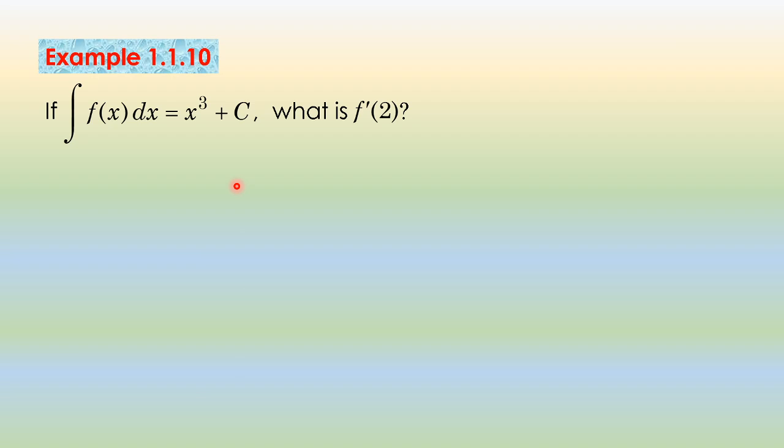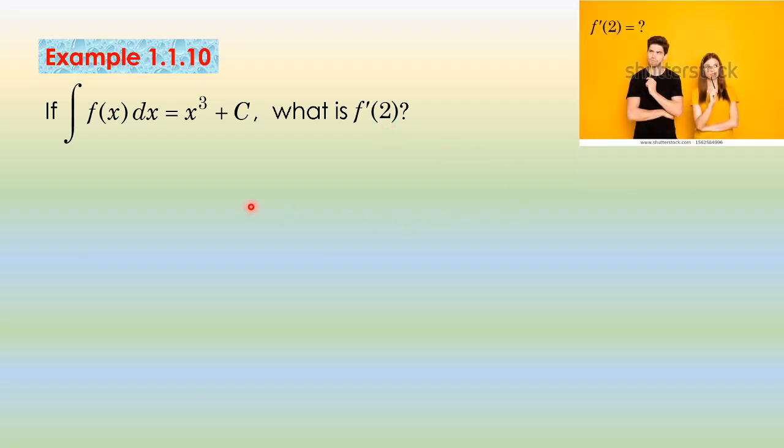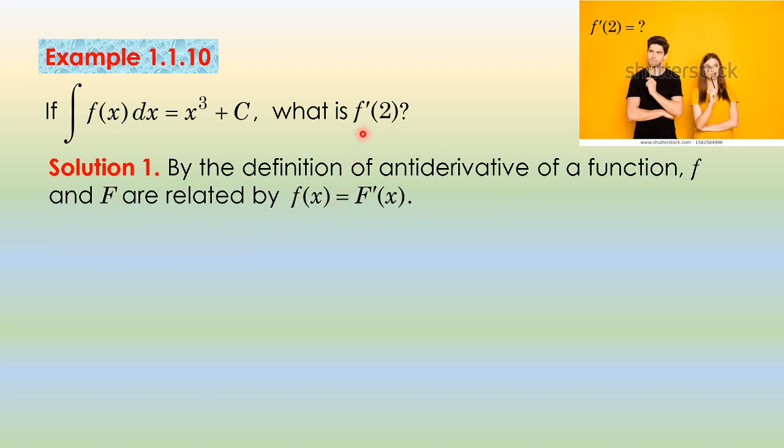Let us consider another example. If the integral of f of x dx is equal to x cubed plus c, what is the value of the first derivative of small f when x is 2? To find the value of f prime of 2, we need to get the derivative of this function, the first derivative.